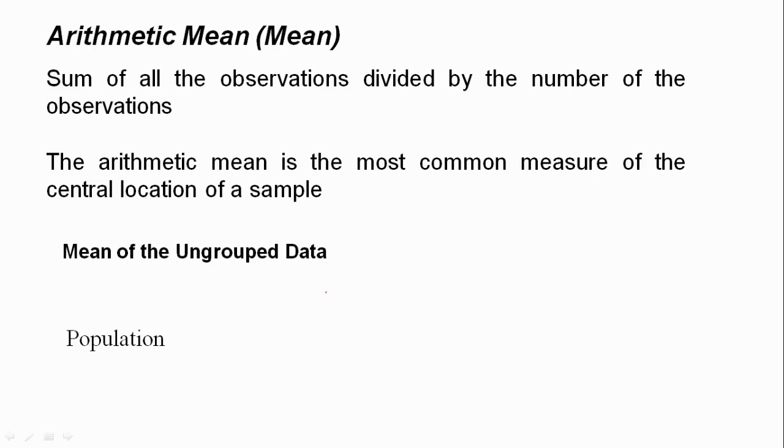The population mean is the mean of all the values in an entire population, denoted by mu. The formula used for the mean of the population is the summation of all the data values divided by the number of data points.